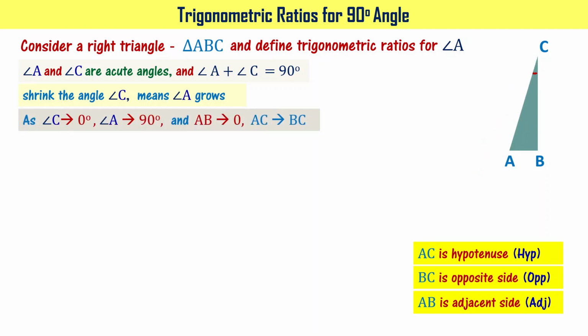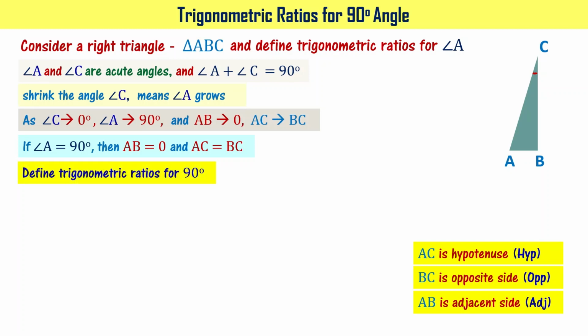As angle C is decreasing, tending towards 0, angle A is increasing towards 90 degrees, and AB is tending to 0, whereas AC is tending to BC, right? It means if angle A equals 90 degrees, then AB is 0 and AC is equal to BC, right?